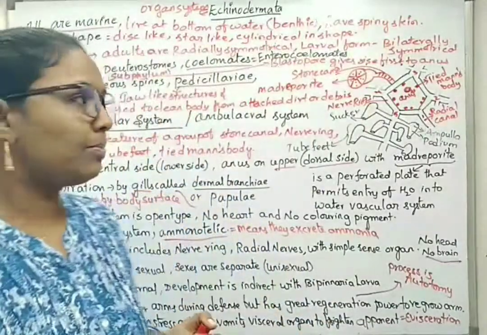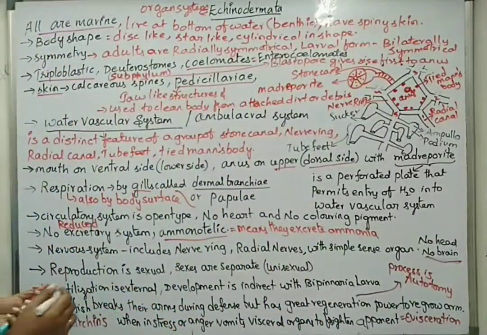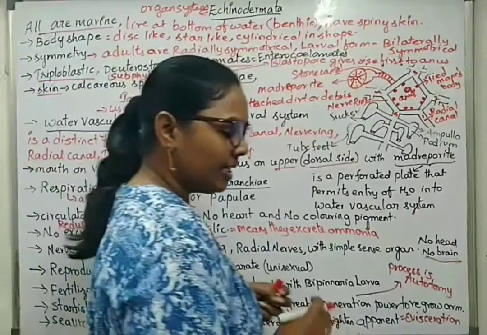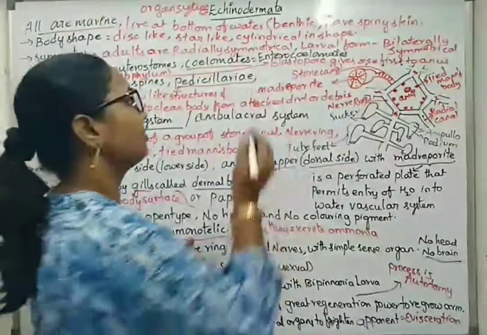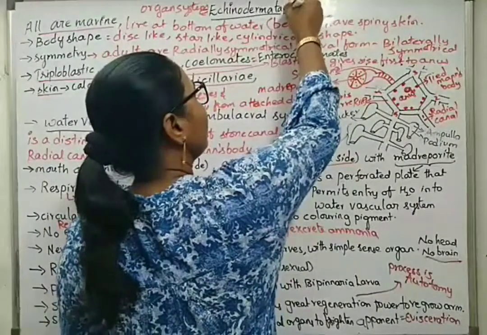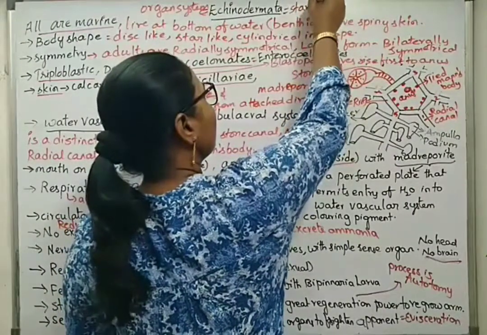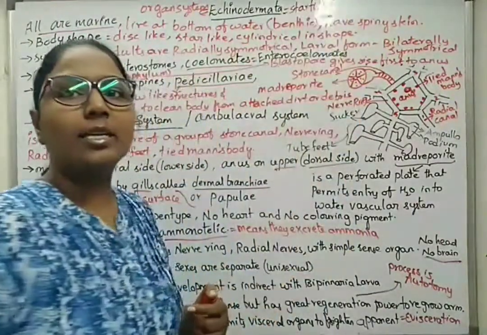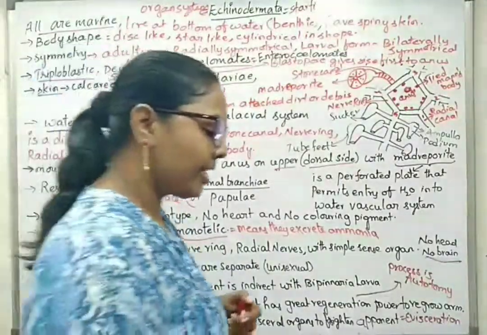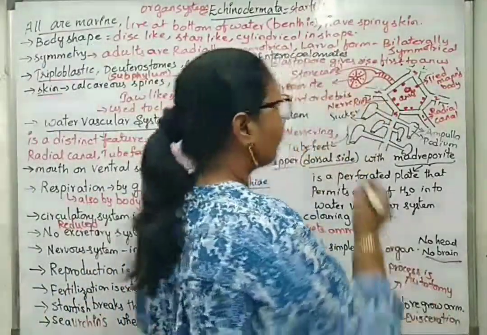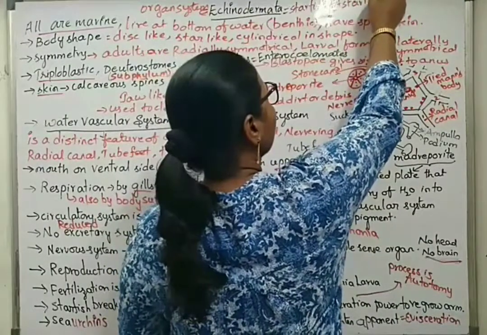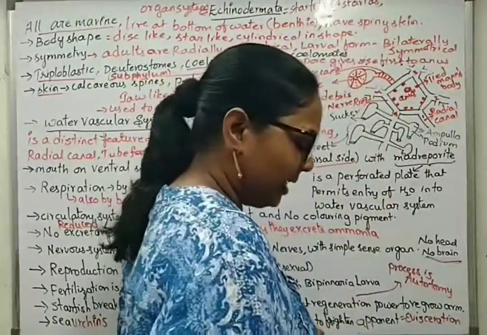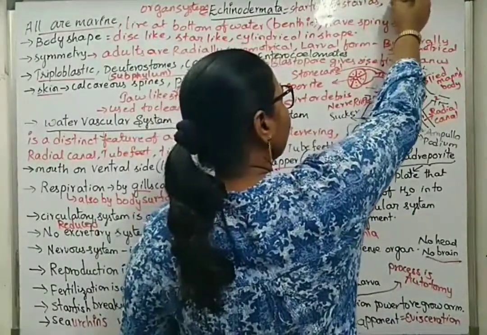So what are examples under Echinodermata? We can see examples like starfish, sea urchins, sea cucumbers, sea lilies. Starfish is also termed Asterias. Next, sea lilies, which are also called Antedon.